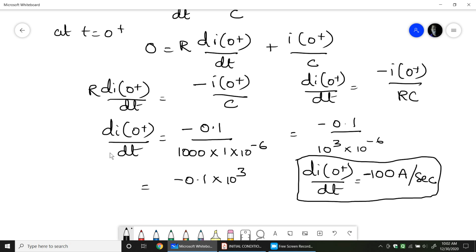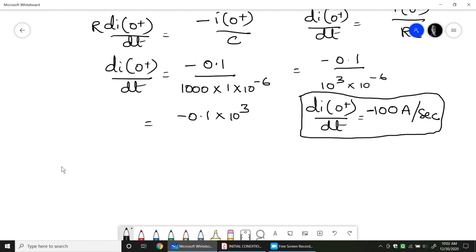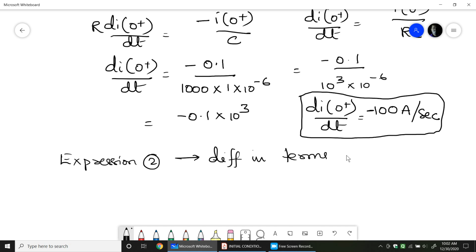Now we'll see what the second derivative of the current at t equals 0 plus would be. This is equation 2, which we got after differentiating expression 1. Now we differentiate expression 2 once again in terms of t.